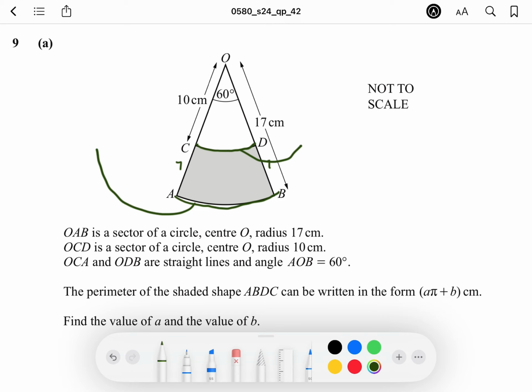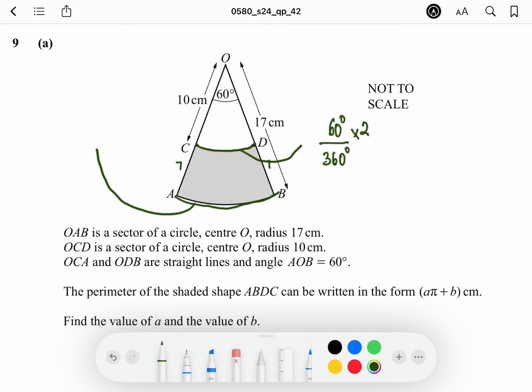Ada value sana. What value is that? 60. 60 apa? 60 degrees. Artinya that would be compared with 360. Boleh. Tapi artinya that would be the fraction of the perimeter of the whole circle, which is the circumference of a circle.